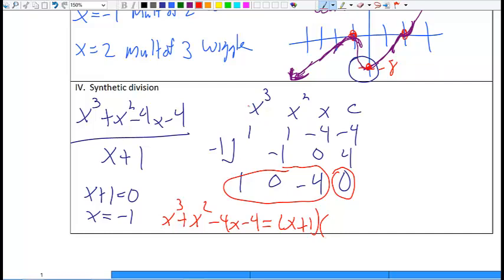Notice if I take x cubed divided by x, I should get x squared. So this first number is my x squared term. Then I have 0 x's, and I have a constant of -4, so x squared minus 4 is what it factors into. Okay, and that's pretty much all synthetic division is good for right now, quickly telling us whether something is evenly factorable or not.